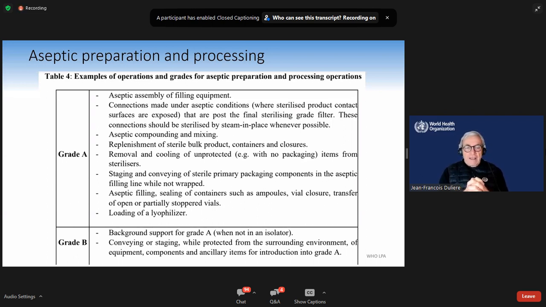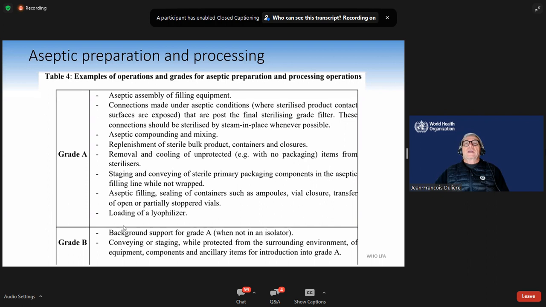That's why as well I have recommended that around the machine which is under grade A, you should have grade A air supply. Like that, you will not bring contamination.